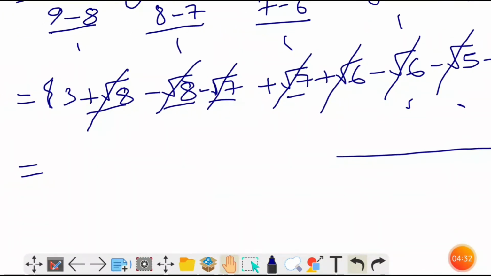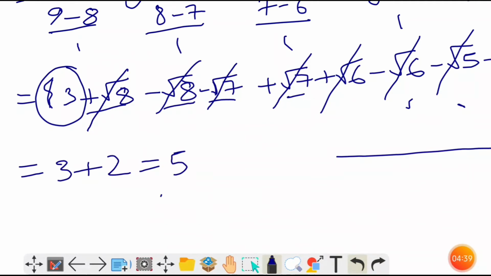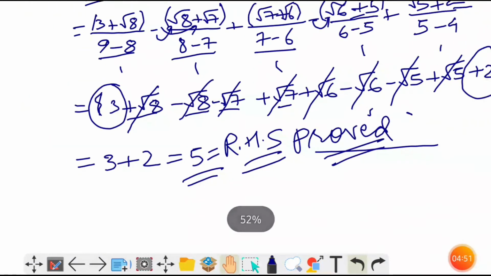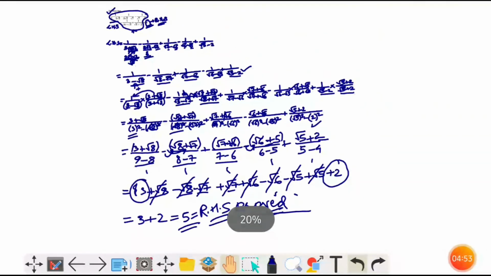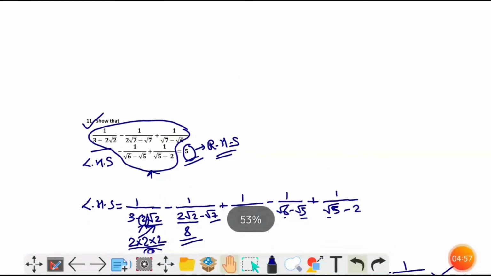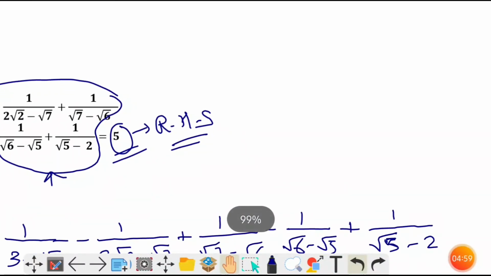So only we have plus 2 and plus 3, that is 3 plus 2 equals to 5, hence equals to right hand side. So proved, left hand side equals to right hand side is proved. As in the question it was asked, so that left hand side equals to 5, hence proved.